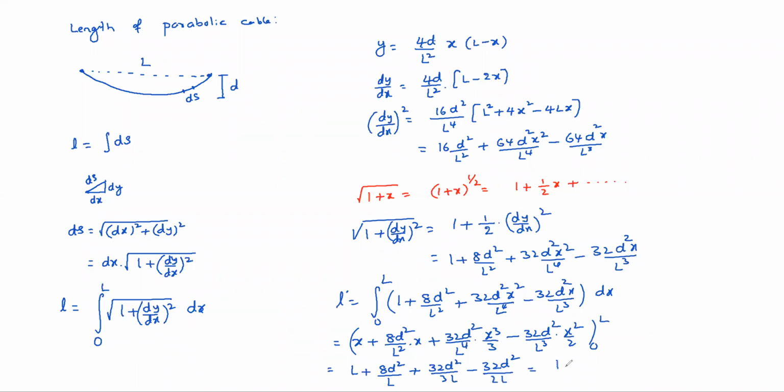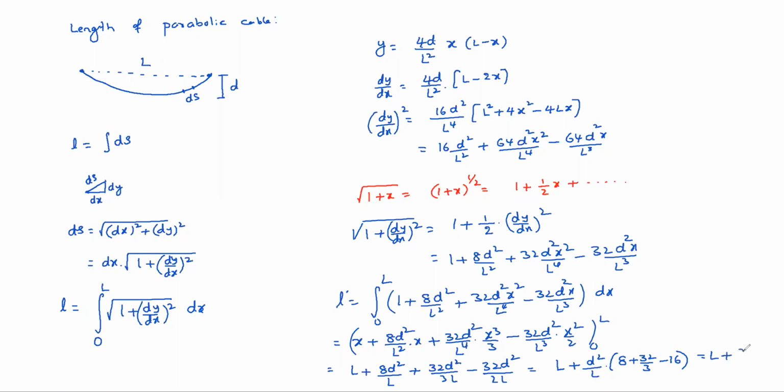That equal to L plus d square by L into 8 plus 32 by 3 minus 16. How much is it? 32 by 3 minus 8, that is 24, 32 minus 24, 8 by 3.